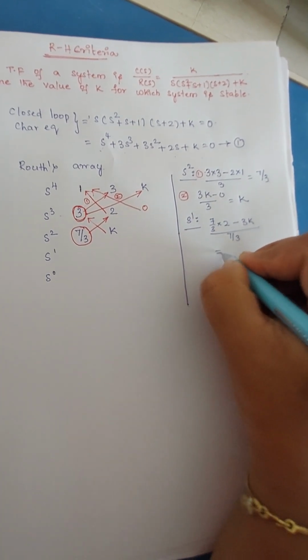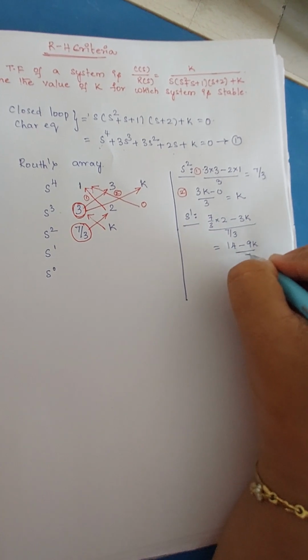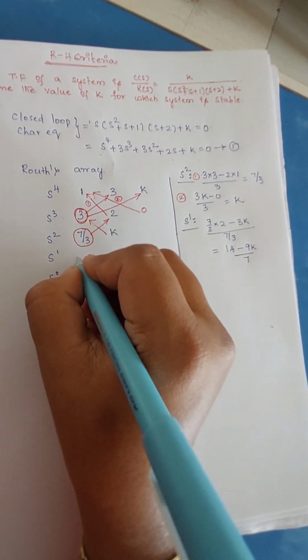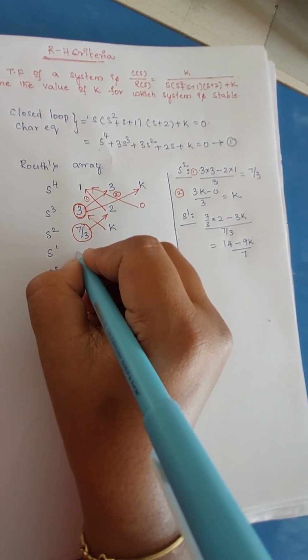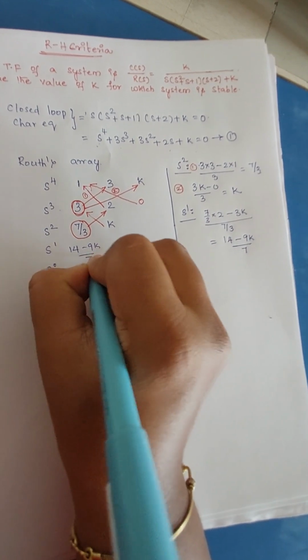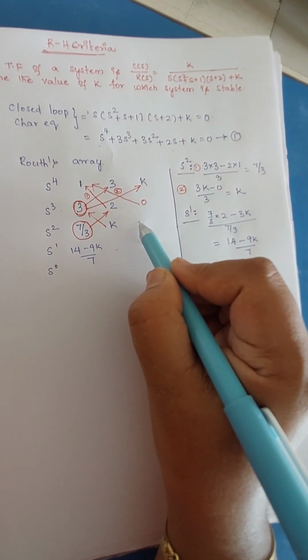If you rewrite this, we are going to have 14 minus 9k by 7. So this will be the element. We may represent it directly here as 14 minus 9k by 7, and we don't get another term, because we don't have any other element here.